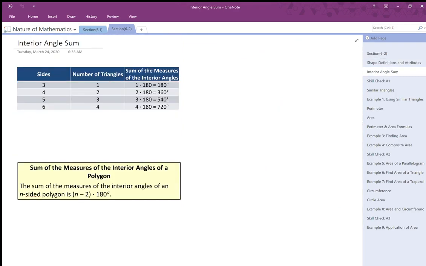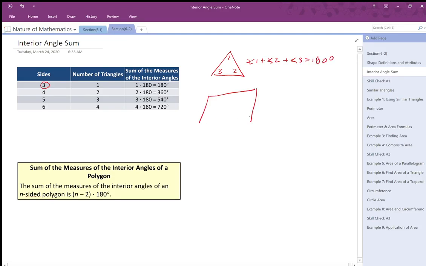For the interior angle sum, we can see that a triangle, or a polygon with 3 sides, has 1 triangle and is equal to 180 degrees. So angle 1 plus angle 2 plus angle 3 equals 180 degrees. But a 4-sided polygon, we can cut that into 2 triangles, and that means that those 2 triangles have 180 degrees each. So 4 sides equals 360 degrees as the sum of interior angles.